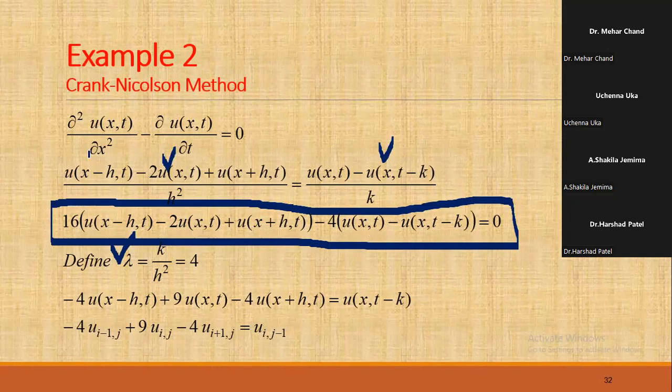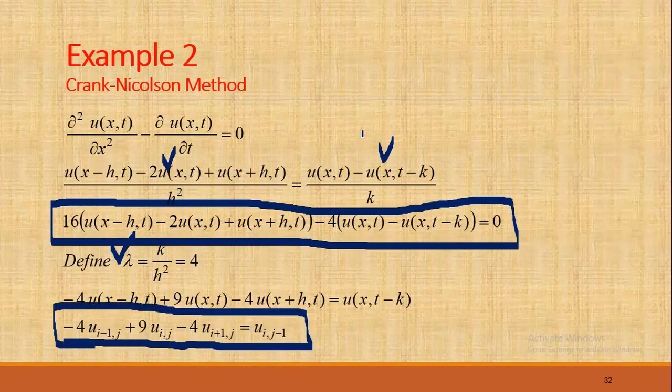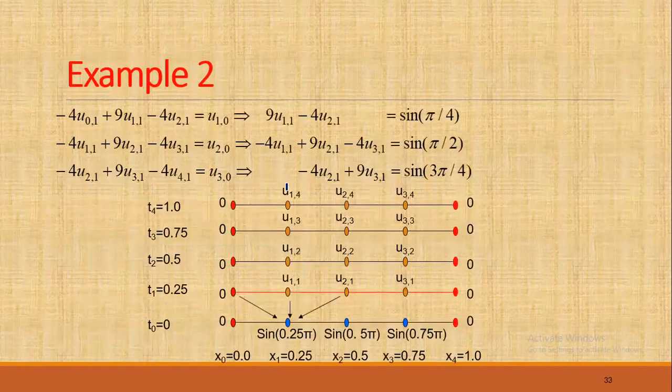After the first step, when t is equal to 0.25, we get the tridiagonal system, this one, and we solve this system. We get u11, u21, and u31.